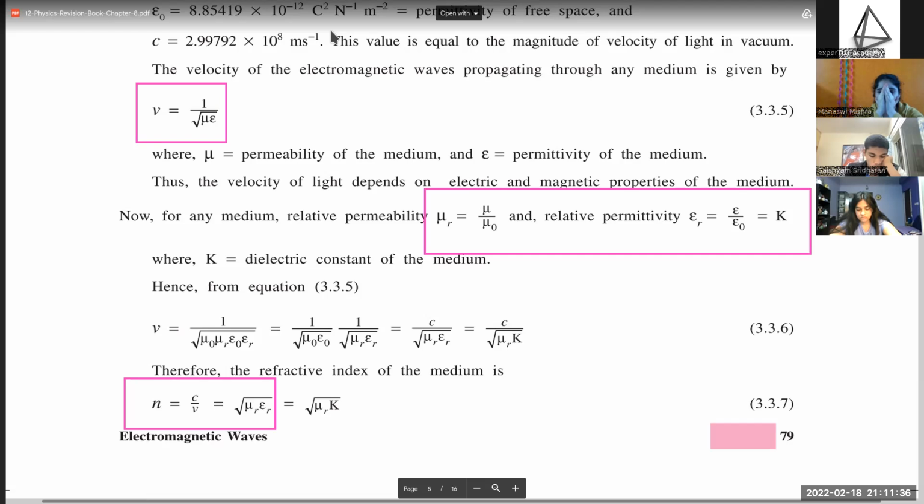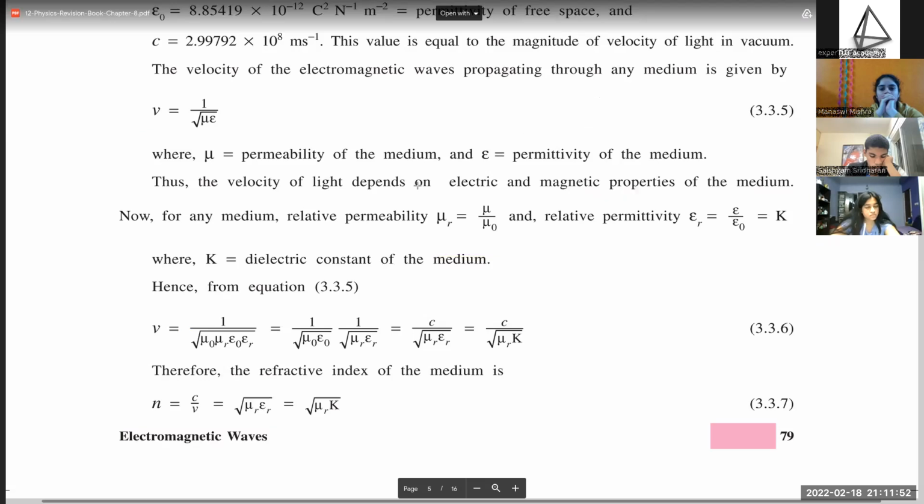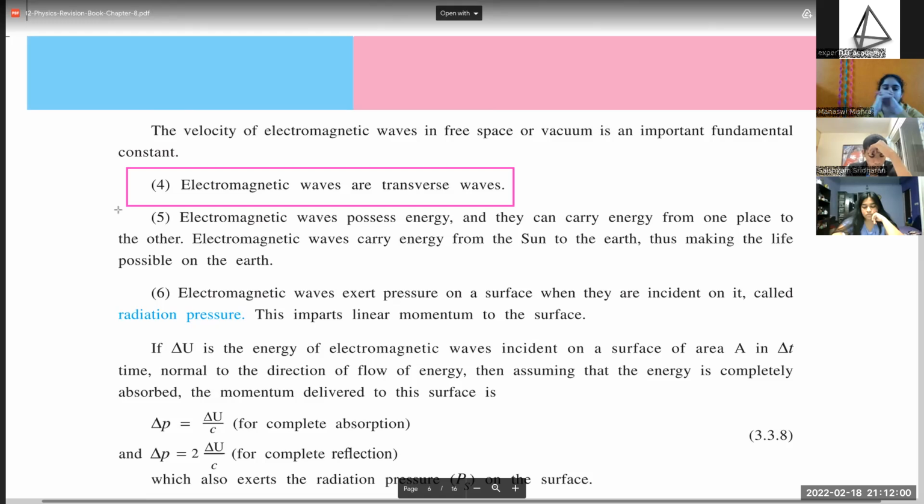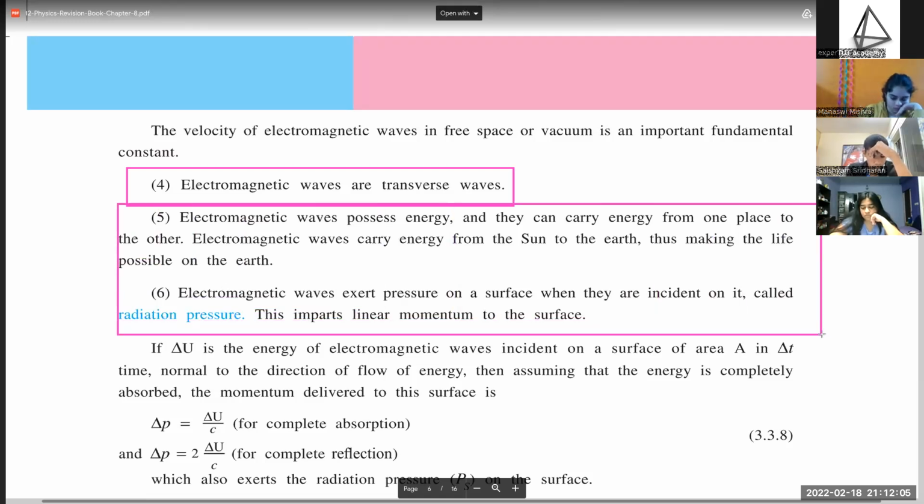That will be done later. Now write this. All this, 4, 5, 6.